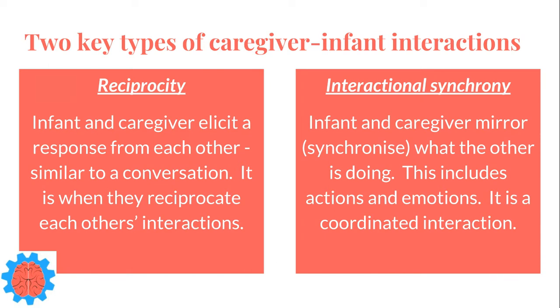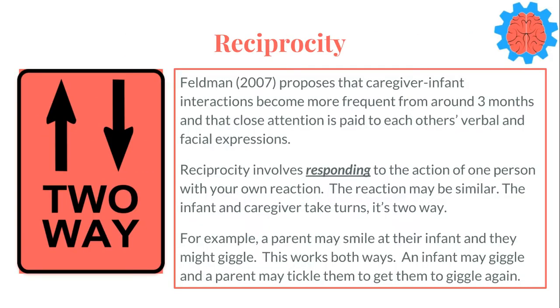So let's go into a bit more detail about these. So reciprocity. Feldman says that interactions become much more frequent from around the age of 3 months, and it's after this time that they start to pay really close attention to each other's verbal and facial expressions. So reciprocity involves responding to the action of one person with your own reaction.